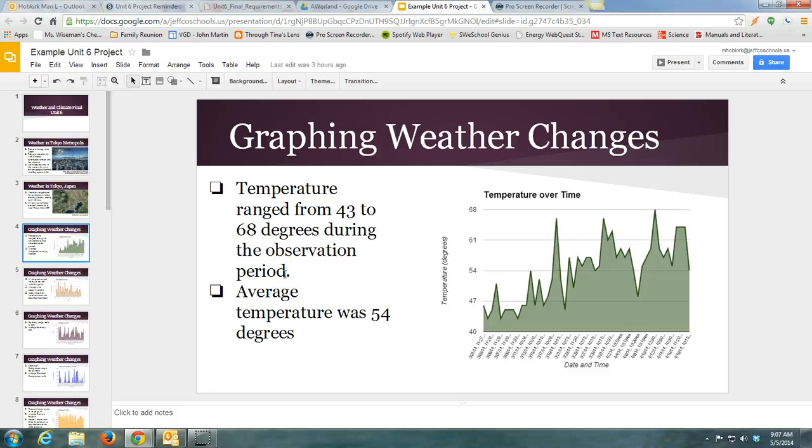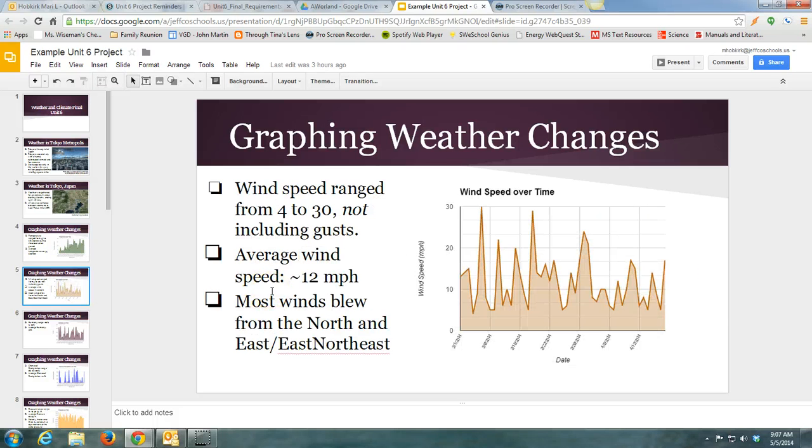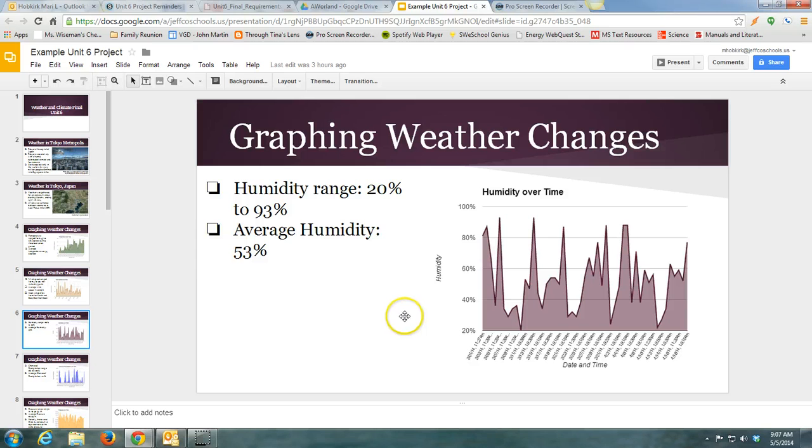Then here's her first graph. Temperature versus time. Time is on the bottom and it's days. And temperature is this nice line graph. This one should be a line graph. Then she did wind. Again, she's got days on the bottom. Time is your independent variable. And she has wind speed across the Y. She graphed humidity every day.